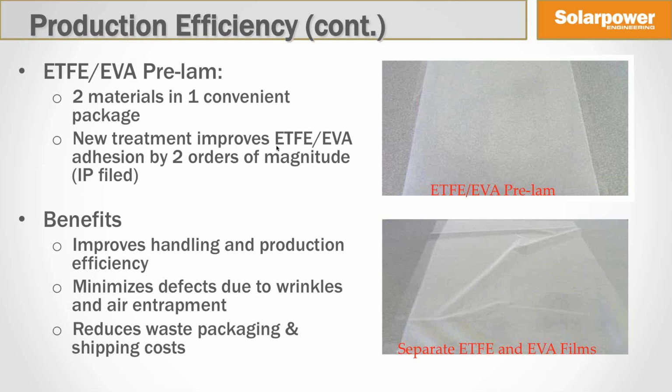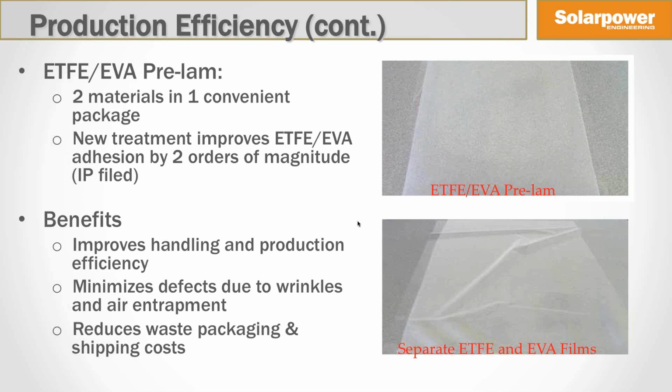If we were to not use these materials together, because the 2 mil or 50 micron fluoropolymer film is so thin, it is difficult to handle during the production process, more so if the production involves robotic assemblies.